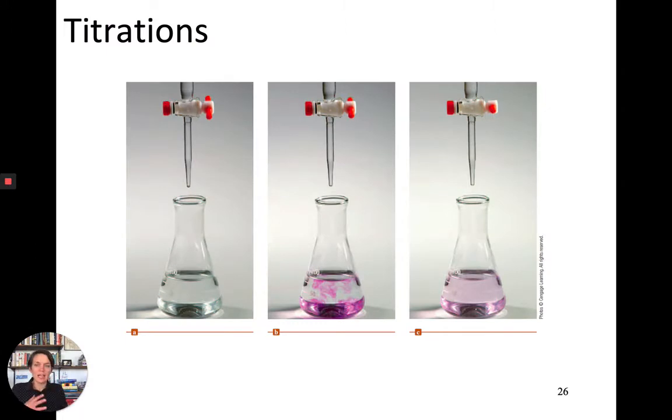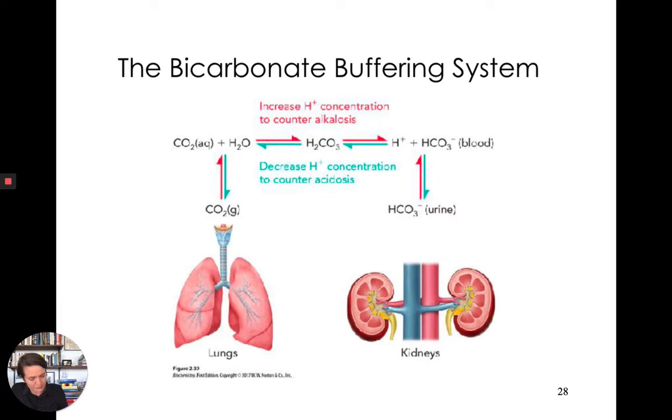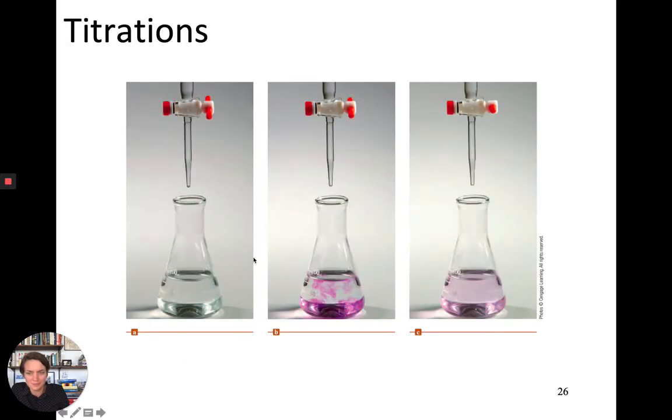Okay, so your lab this week is all about titrations, and I think this is a really good way of showing you the kinds of acid-base chemistry that you'll be asked to investigate. So in a titration, we typically have a solution that is unknown in an Erlenmeyer flask or whatever glassware, and that is called an analyte.